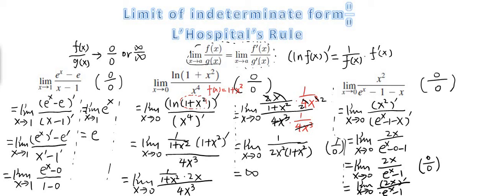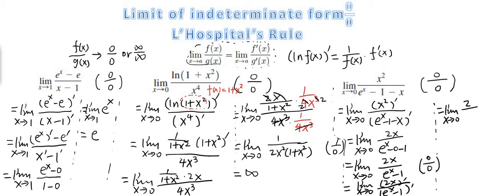We get e to the power x minus 1 in the denominator, and then we simplify it. As x approaches 0, the derivative of 2x should be 2, because we can extract the 2 out of the derivative, and the derivative of x is 1; 2 times 1 is 2.